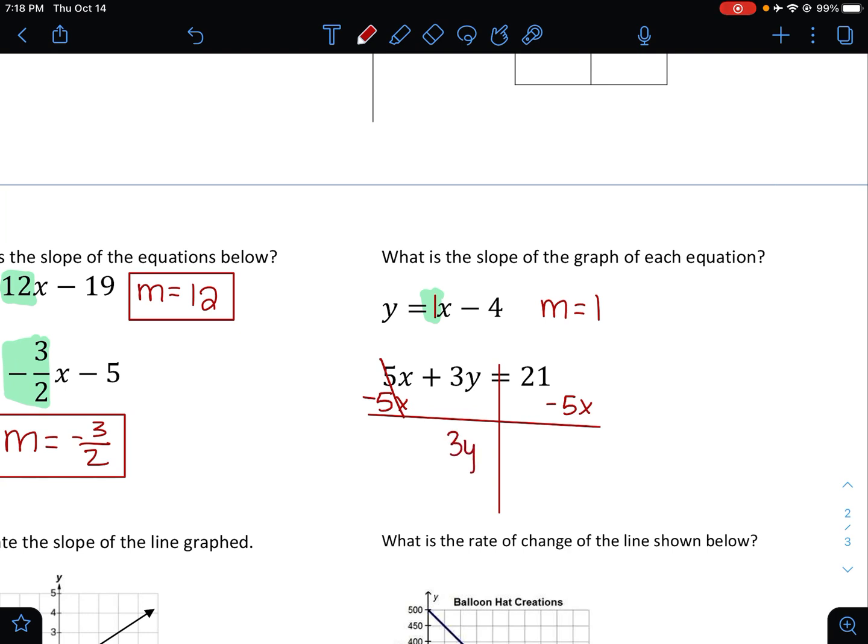We're left with 3y equals 12 minus 5x. We need to get y by itself, so we divide everything by 3. When we do that, we get y equals 12 divided by 3 is 4, minus 5/3 x. Again, our slope is the number in front of x. So our slope is negative 5/3.